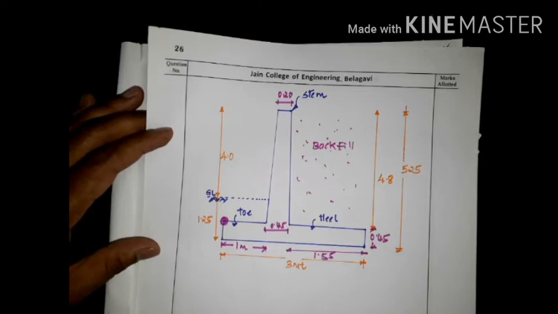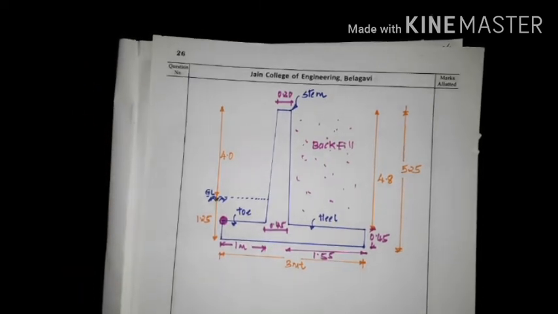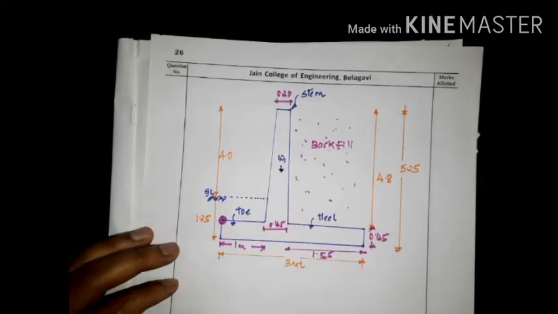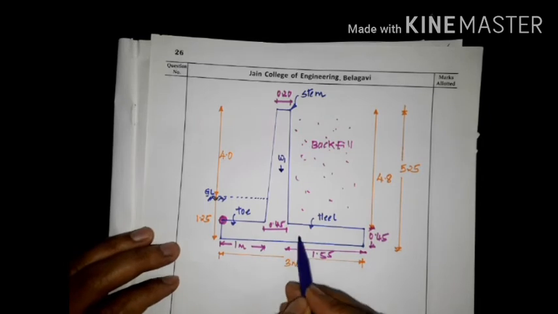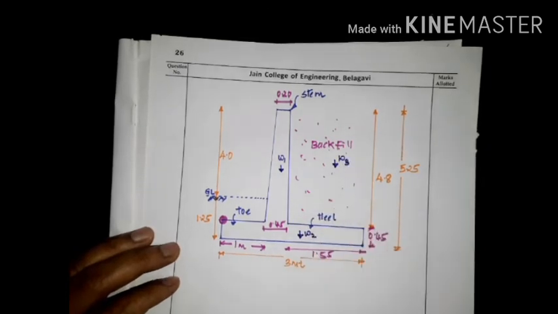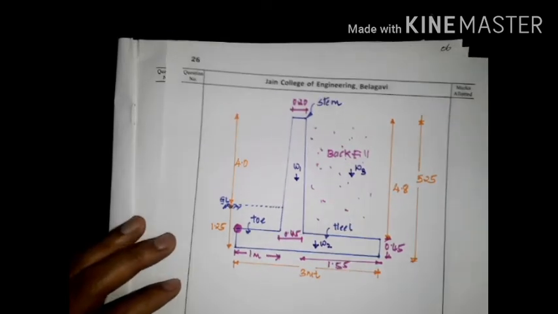So for load W1, I'll consider for stem. W2 I'll consider for base slab, and W3 I'll consider for backfill. Okay, W1, W2 and W3. So we'll calculate here one by one.